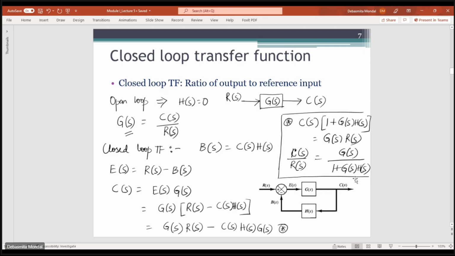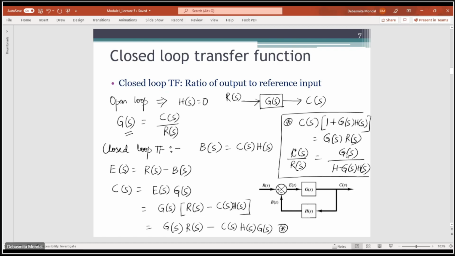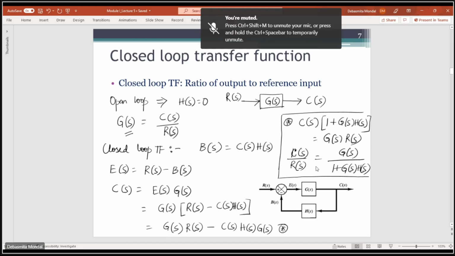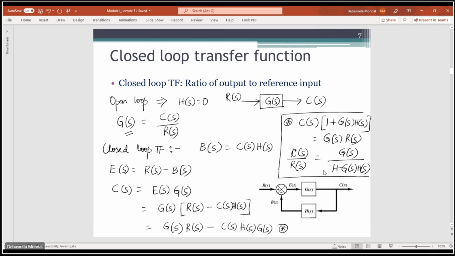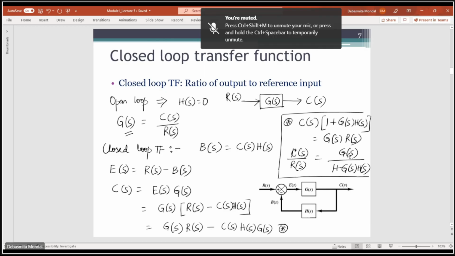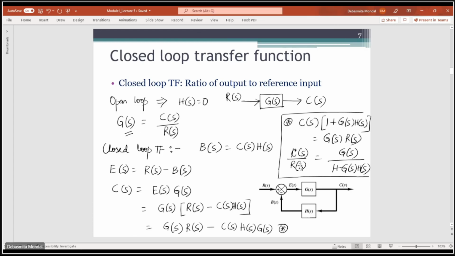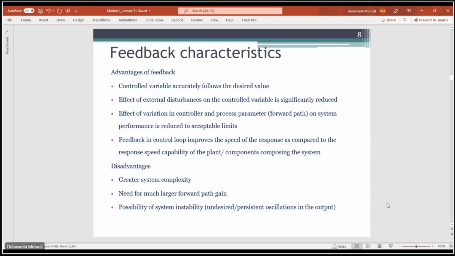That means if in a closed loop system you want a specific output, the value of G(s) is less. So if you want to keep the same value of G(s) for the closed loop system also, the forward path gain should be much higher.